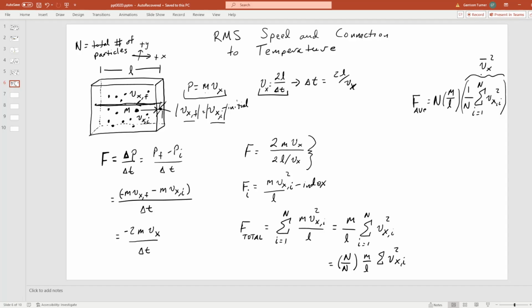So this is the average of the square of the speeds of all of your molecules. All right? So we can then write this like this.